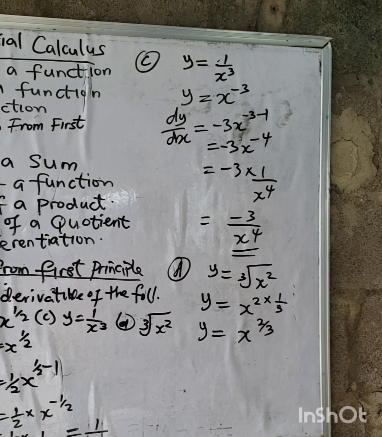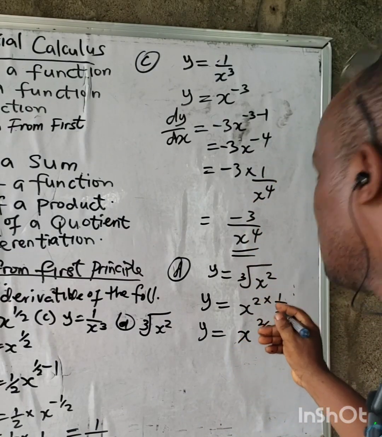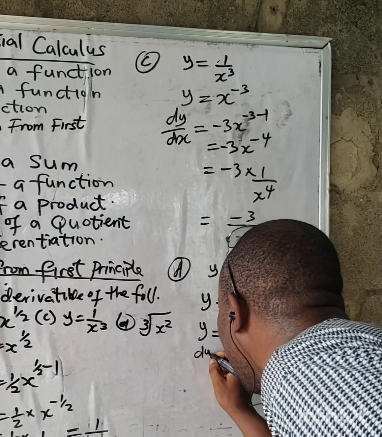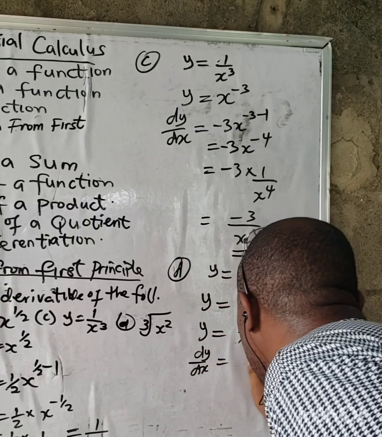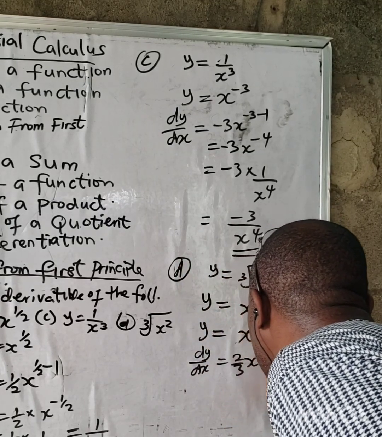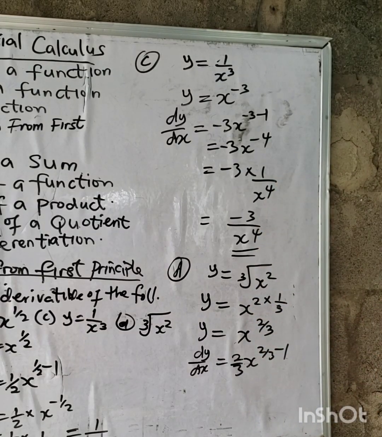From here, we can then differentiate. How do we differentiate this? This will become dy/ds equal to 2 all over 3 s to the power 2 all over 3 minus 1. This mathematics is very simple.